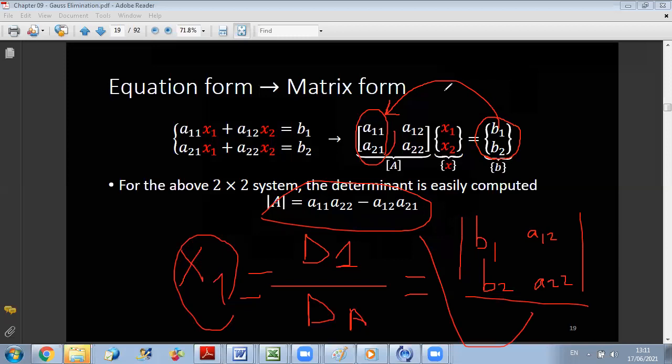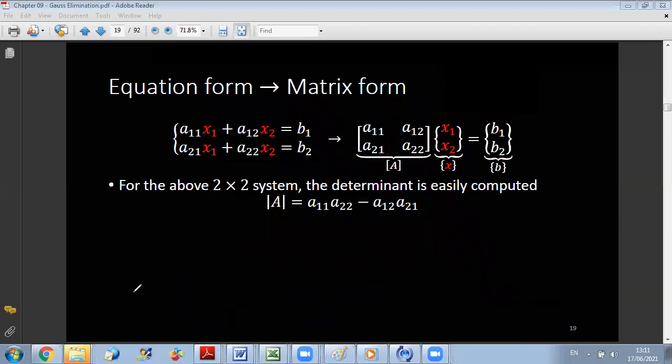Similarly, to get x2, I can just divide the determinant of matrix 2, obtained by replacing the coefficients that multiply x2 by the result column b1, b2, by the determinant of matrix A of coefficients. So I keep a11, a21 as they are, and I replace the coefficients of x2 by b1, b2.